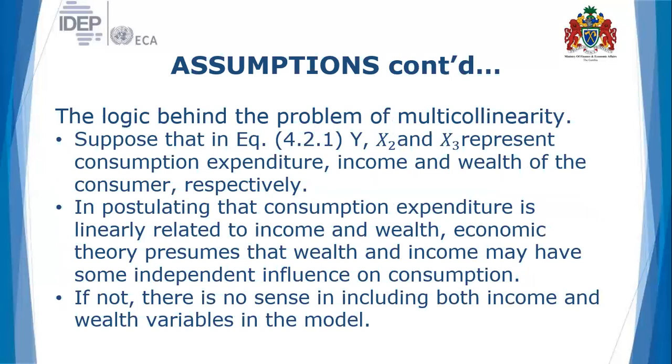So the logic behind the problem of multicollinearity is this. Suppose in equation 4.1.2 that we saw, the population regression function, y, the dependent variable, and the explanatory variables x2 and x3 represent consumption expenditure, income, and wealth of the consumer, respectively.